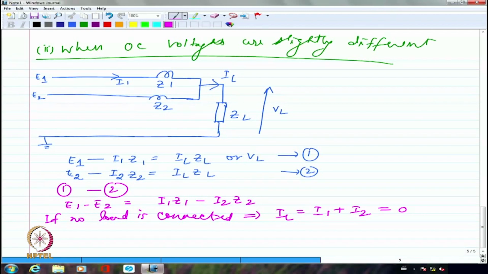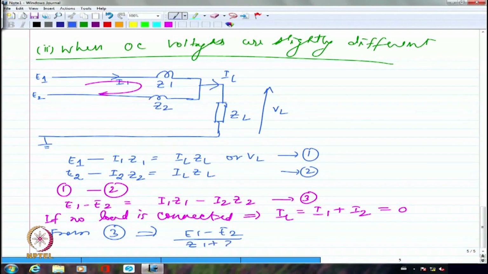It cannot be, because I am going to have essentially a circulating current going like this, whether I like it or not. And that circulating current clearly is going to be, from this expression, from 3, I can write E1 minus E2 divided by Z1 plus Z2 is equal to I1 or minus I2. This is the circulating current.